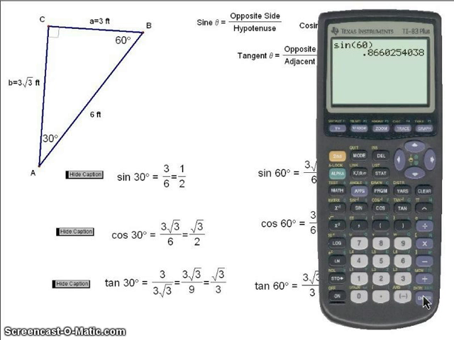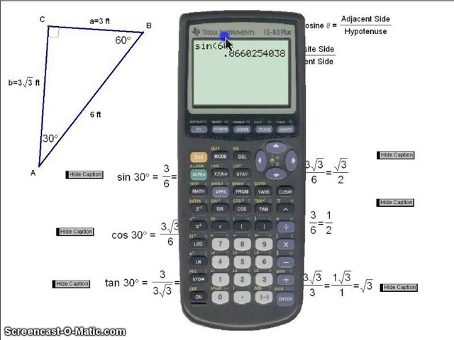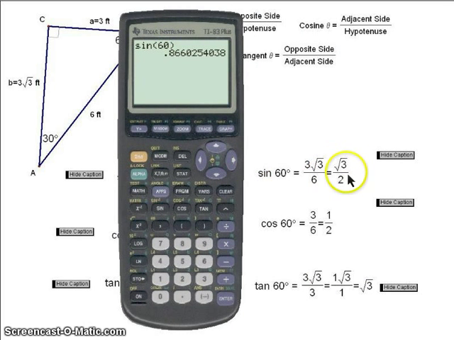We know the exact answer is on our screen over here. If I slide this over, you can see the exact answer is square root of 3 over 2. And if I do the cosine of 30 degrees, it should have the same answer because those are complementary functions. If I press enter, sure enough it has the same answer. So that kind of proves it.